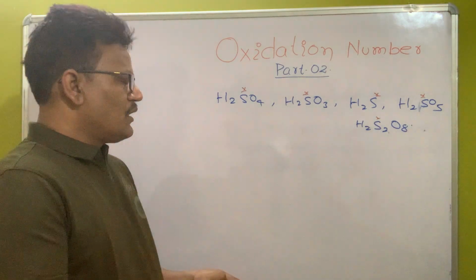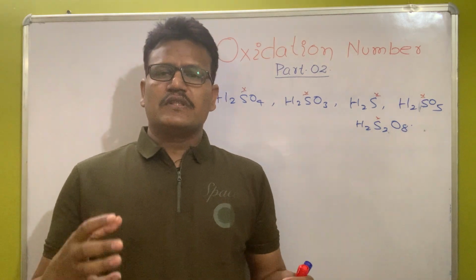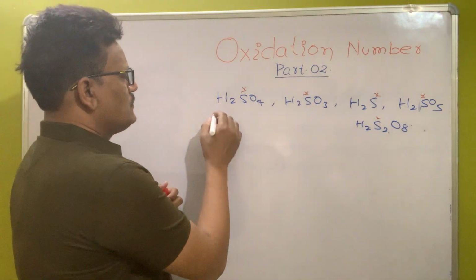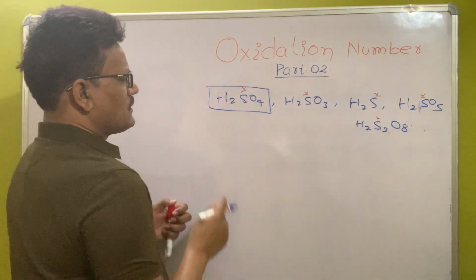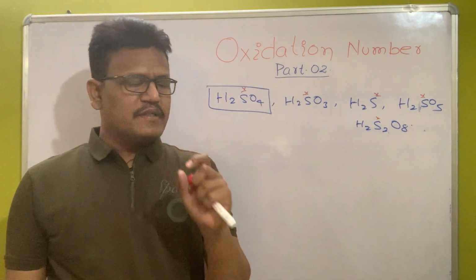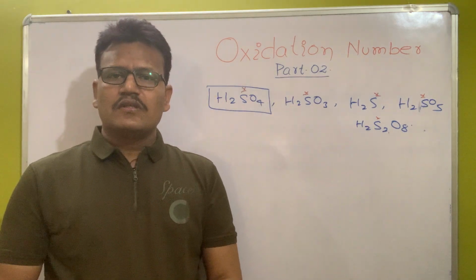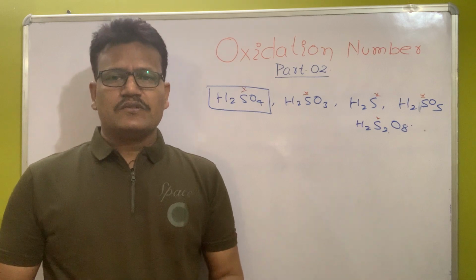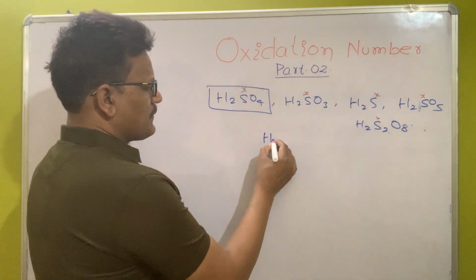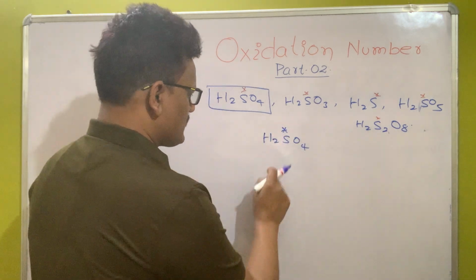So we know the rule for assigning the oxidation number. The algebraic sum of oxidation numbers of all atoms in a molecule will be 0 if the molecule is neutral. So in H2SO4 we have to assign the oxidation number of sulfur.